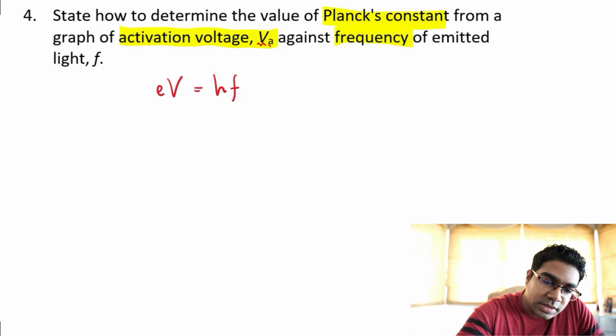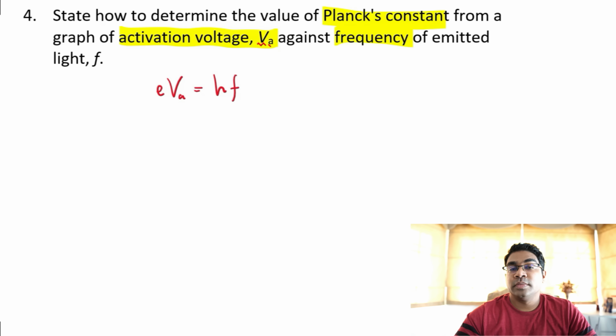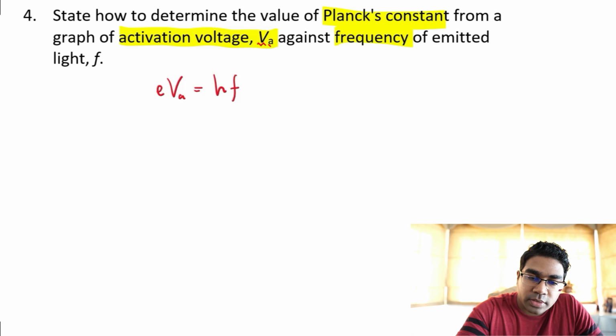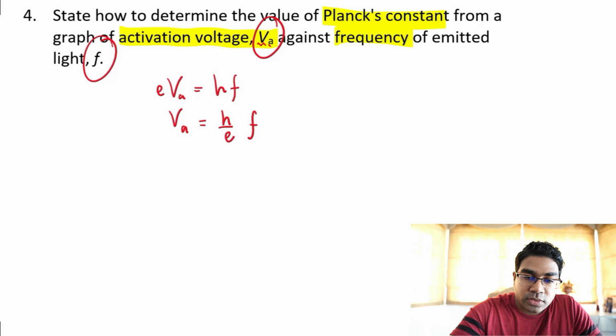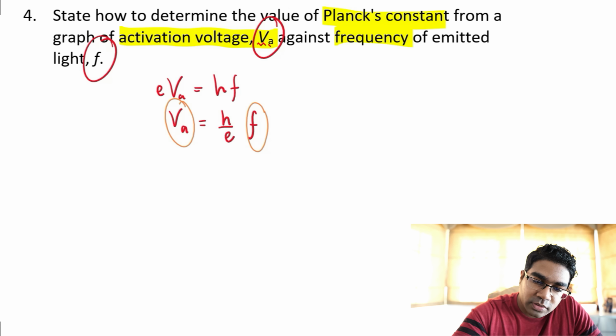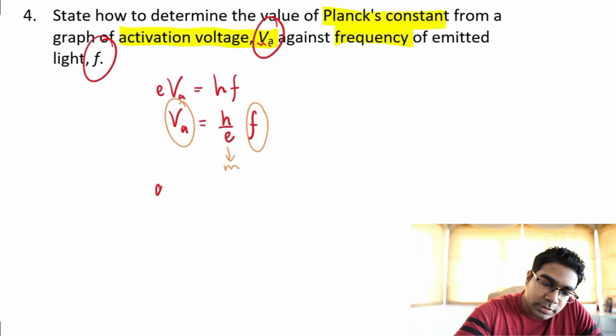This voltage here is the activation voltage. When we rearrange this equation, because we are plotting VA against f, VA equals, applying the linear law, h over e times f.